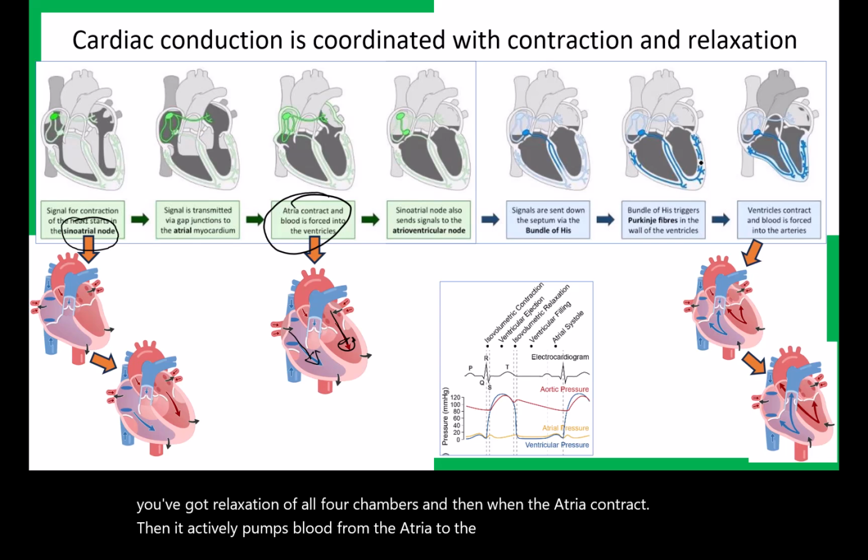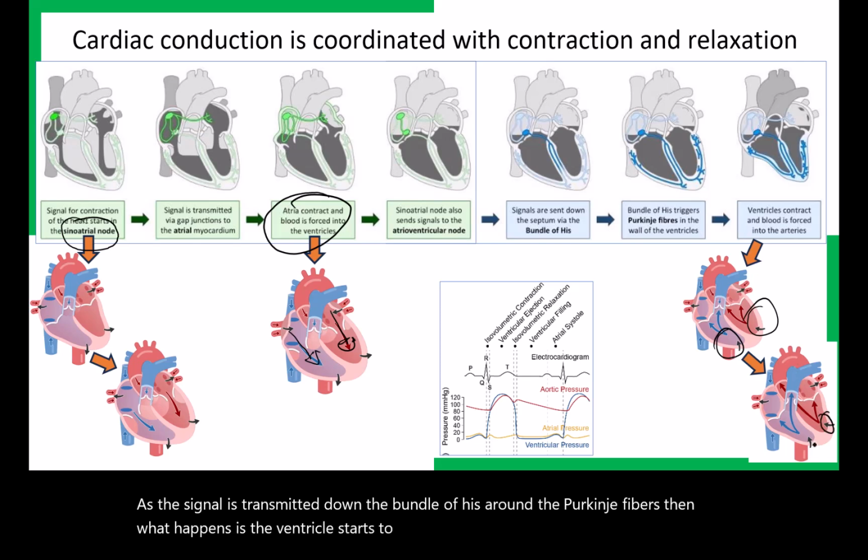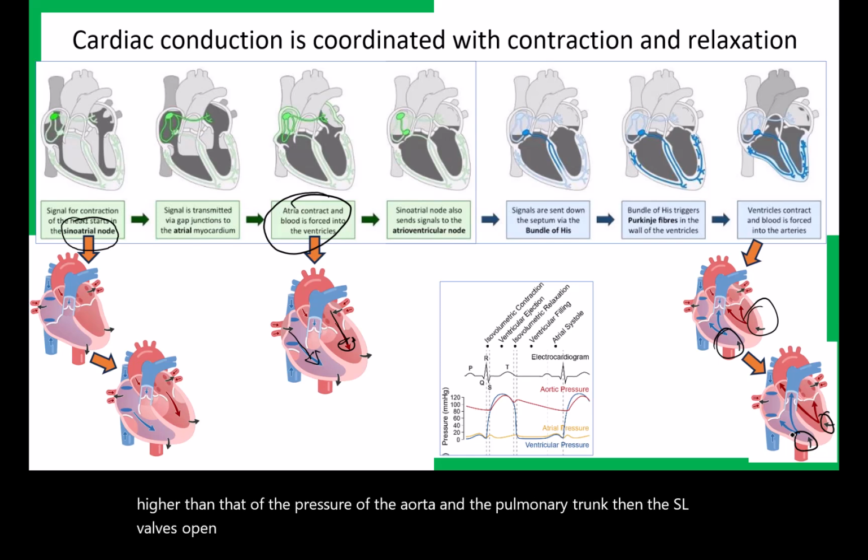And then as the signal is transmitted down the bundle of His and around the Purkinje fibers, the ventricles start to contract. And when the ventricular pressure is higher than the pressure of the aorta and the pulmonary trunk, the SL valves open and blood leaves the ventricles to enter the pulmonary and systemic circulation.